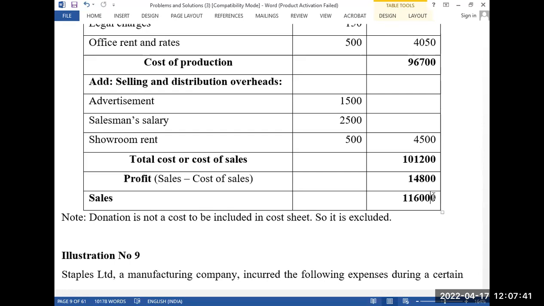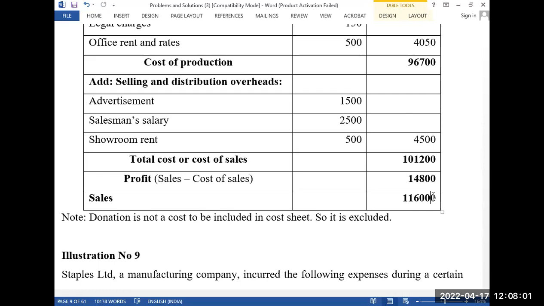So in that case we need percentages. Mentally you calculate the items together, and the percentage can be applied in the new cost sheet.